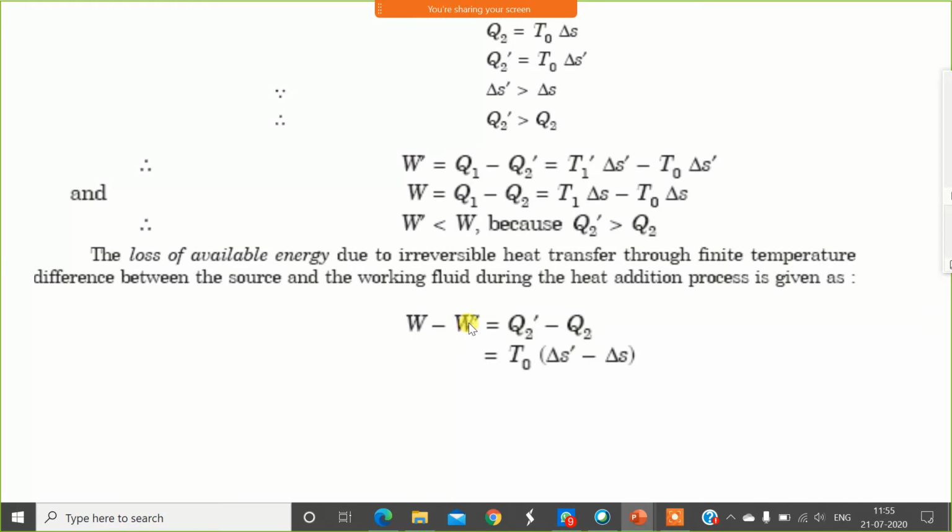W minus W dash is equal to Q2 dash minus Q2, which is T0 into delta S dash minus delta S. Therefore, decrease in available energy is equal to T0 into delta S dash minus delta S. Remember this formula.